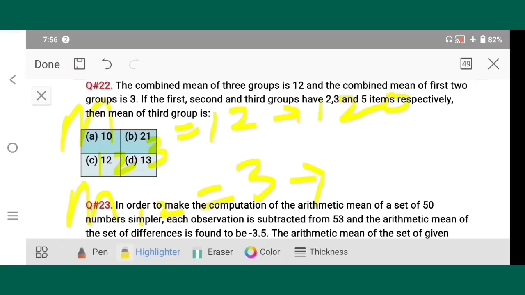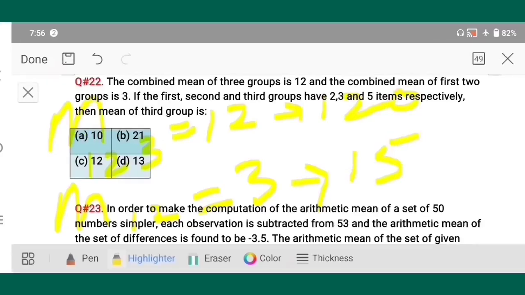And similarly here it is the mean of first two groups, that is it has 2 and 3 observations, so we have 5 observations in the first two groups, so just multiply it by 3, so it gives 15. So for the third group, just subtract 15 from the 120, so it gives 105.